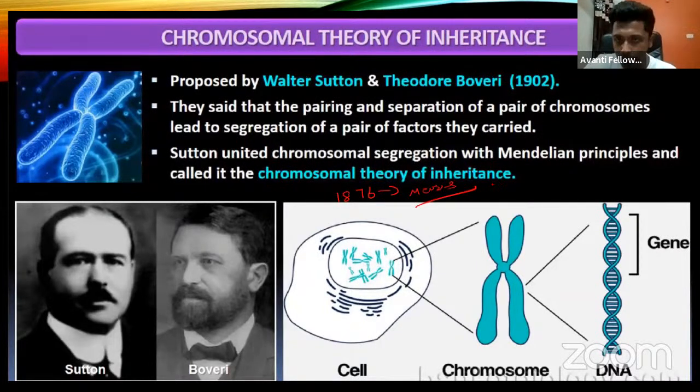Why I say meiosis was discovered at this point is people understood what cells are. Now they were trying to understand that there is something being separated, shared, or divided during cell division. And these are chromosomes, right? So there is something being transferred from one cell to another cell.